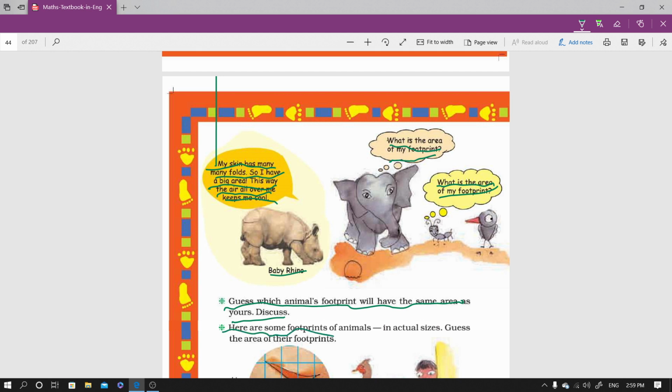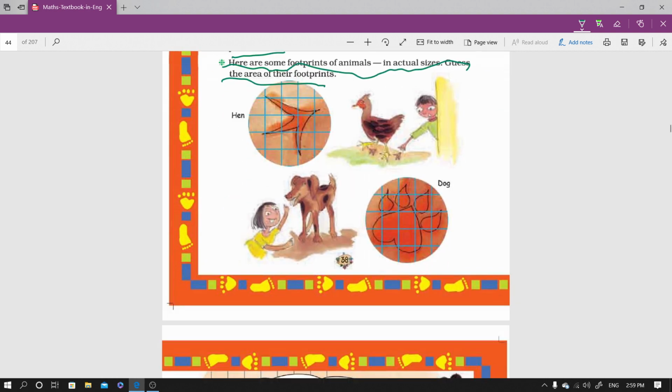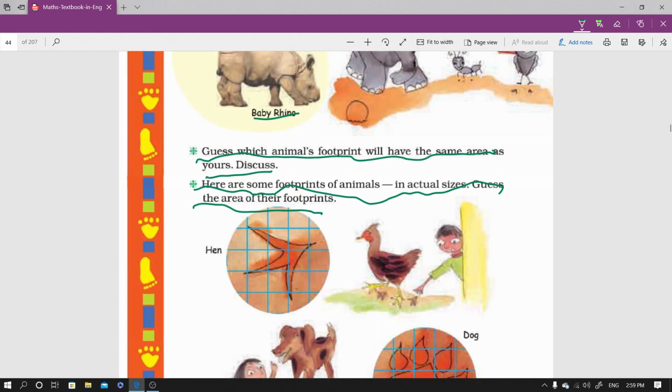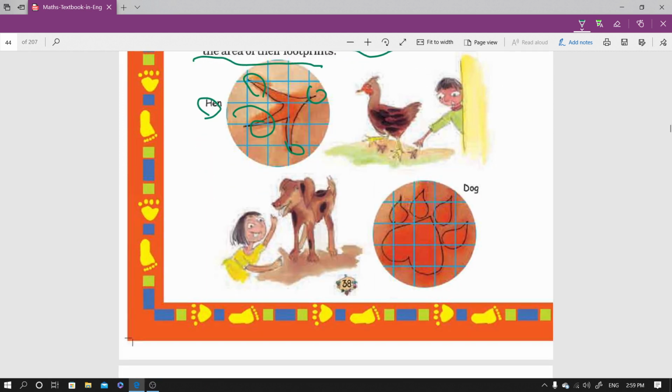Here are some footprints of animals in actual size. Guess the area of their footprints. હેન્ડનું ફૂટપ્રિન્ટ. જો કેવા ધાર વાળી છે. ડોગ્સ ફૂટપ્રિન્ટ. એના સનની કિરણો જેવા છે. વચ્ચે દિલ છે.